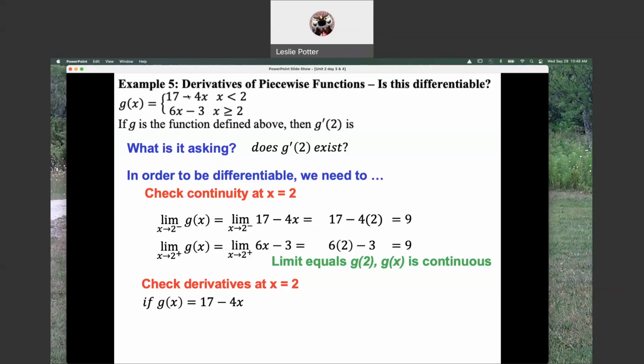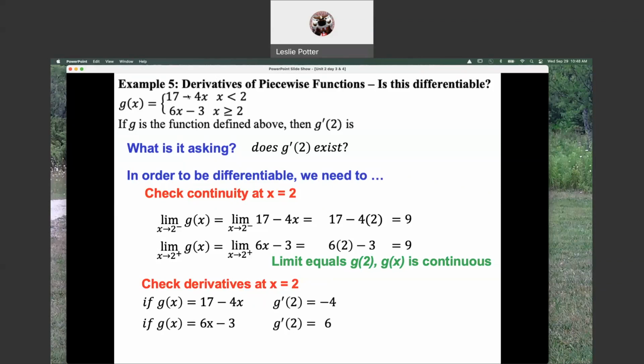We're just looking at the slope value, the m, so to speak. What about the bottom function? What's the derivative of the bottom function? 6. Do those derivatives match? I got one slope coming in and another slope coming out. Does that make sense when I go into 2?